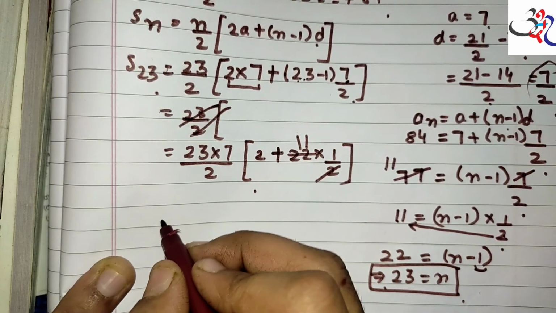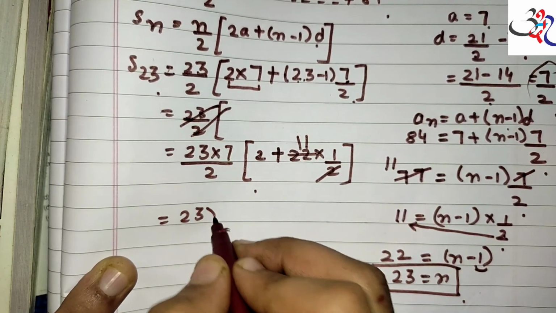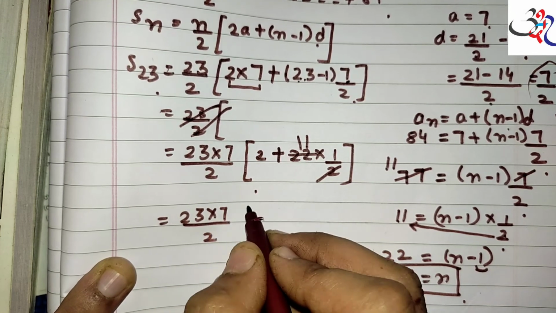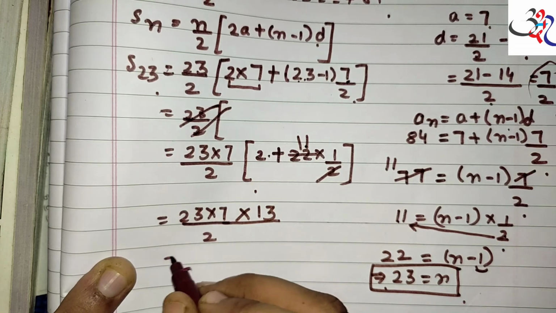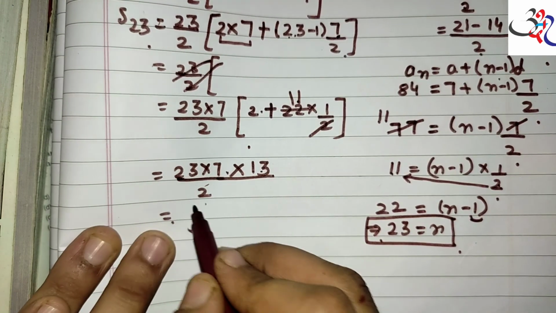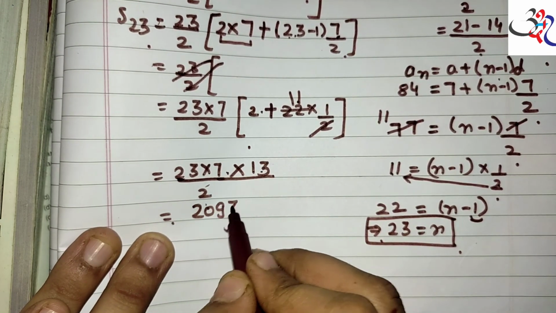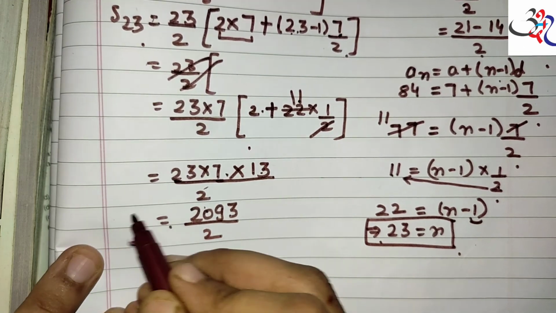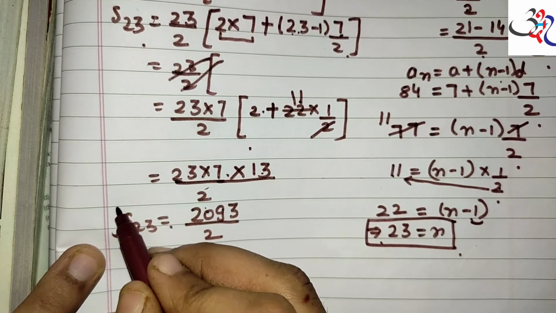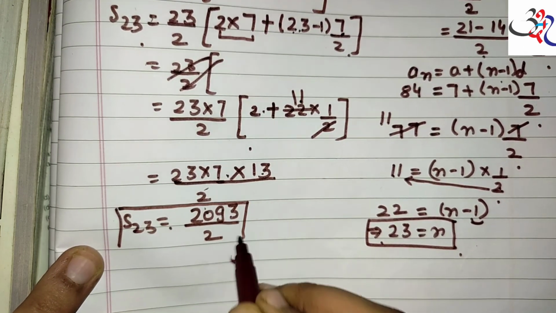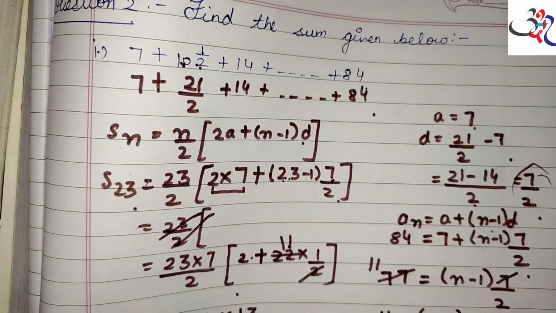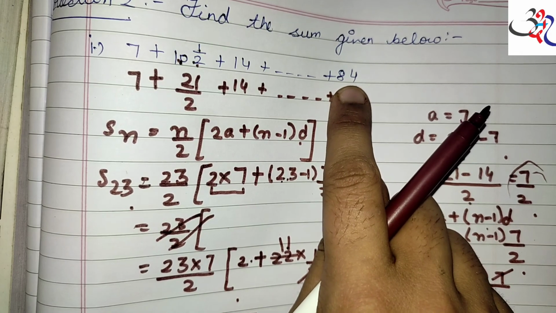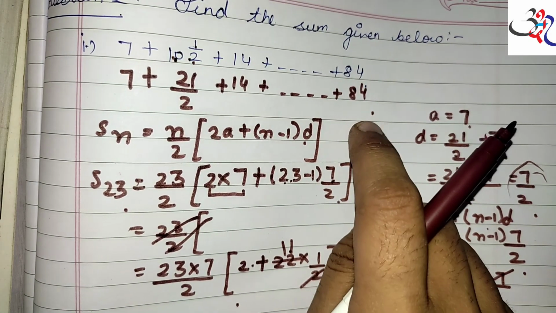It will become 11. Then it will be 23 into 7 by 2 into 11 plus 2 is what? 11 plus 2 is 13. So after doing this multiplication, you will get your value as 2093 by 2. The sum of first 23 terms is equal to 2093 by 2, whose 23rd term is 84.